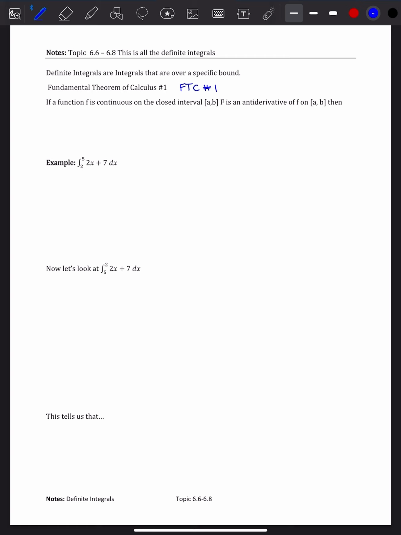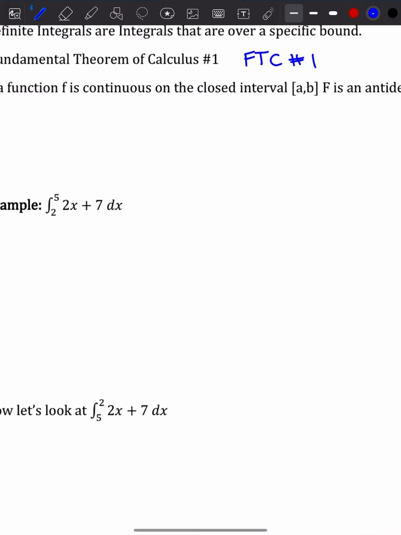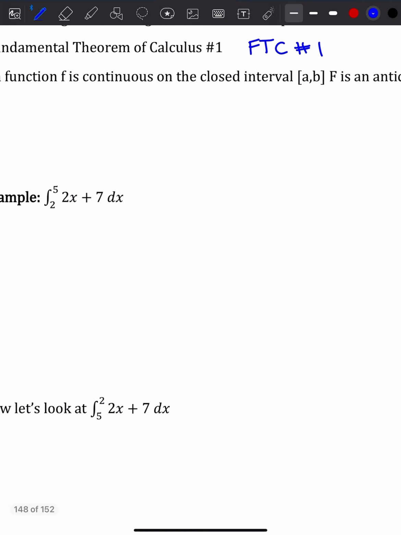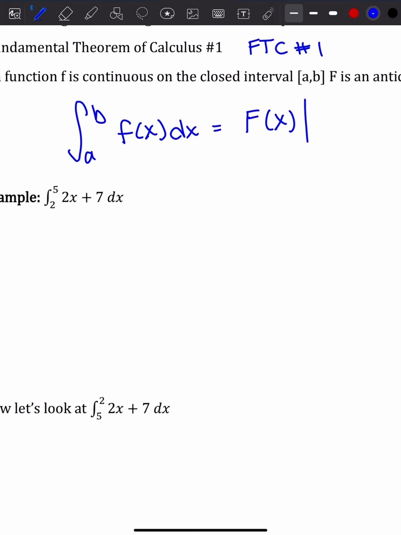If a function f is continuous on the closed interval from a to b, and capital F is the antiderivative of lowercase f on a to b, then what they're saying is if we have the integral from a to b of f of x dx, this is the same thing as the antiderivative of that function on the interval a to b.